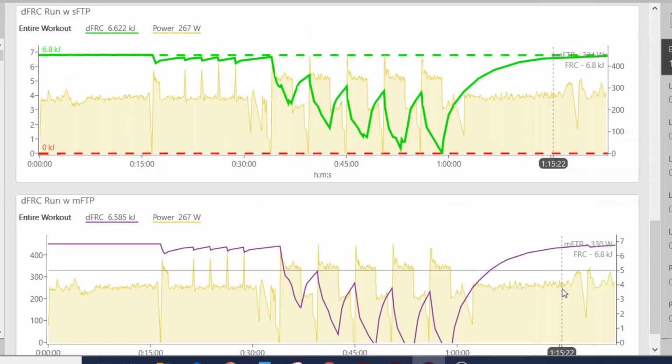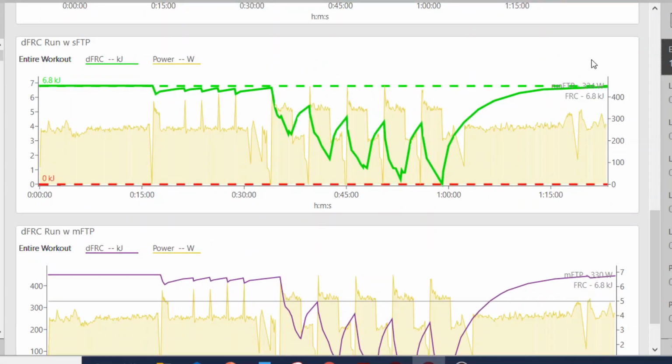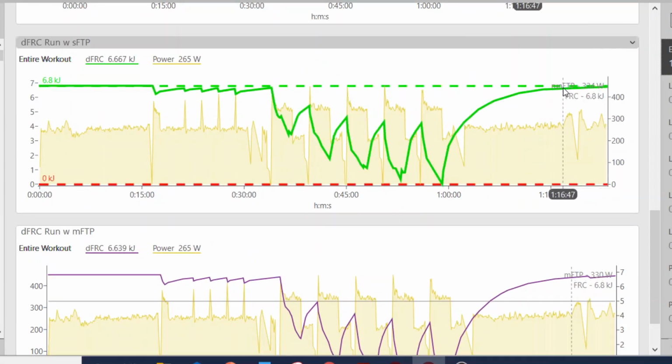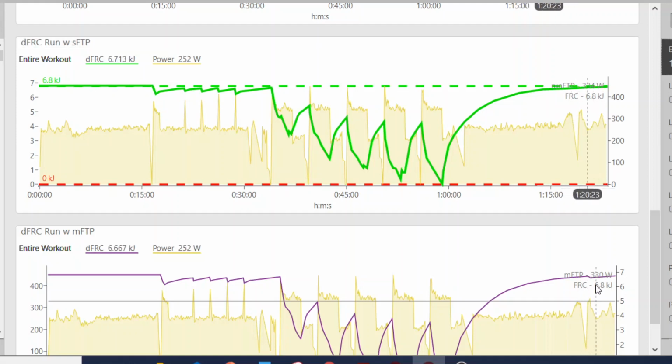I changed the model to one that's based on run FTP or set FTP. Notice the modeled FTP is 330. Based on various testing and racing, I think his FTP is closer to 334. So this model is based on the set FTP, the run FTP that you enter into WKO.